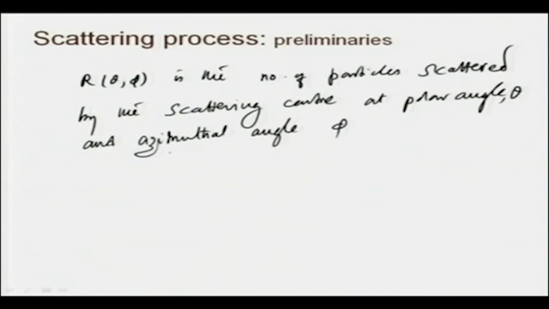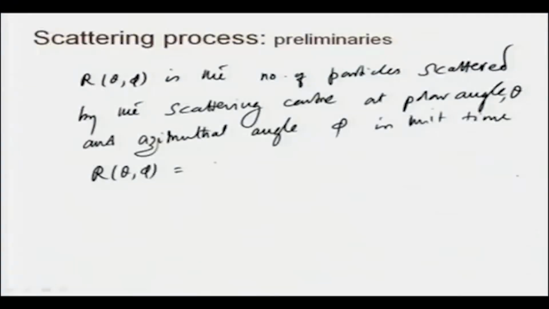So, R(theta, phi) is the number of particles scattered by the scattering center at polar angle theta and azimuthal angle phi in unit time. So, that is basically the rate.